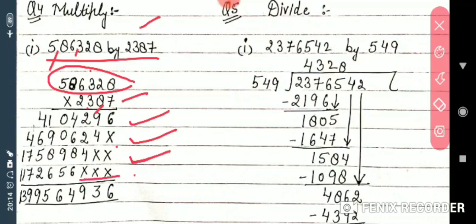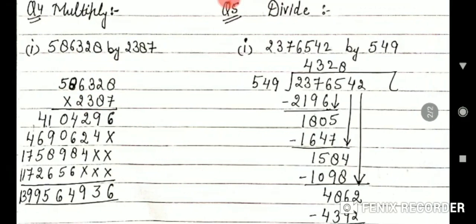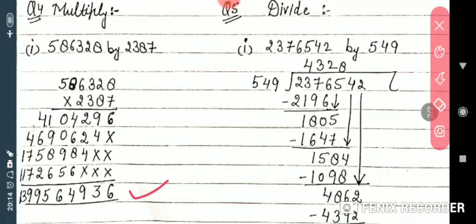Next we will put 3 crosses and we will multiply this 2 by this number, we will get this number, and then we will add these numbers and we will get the number.